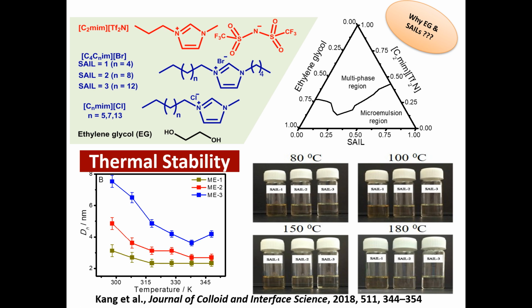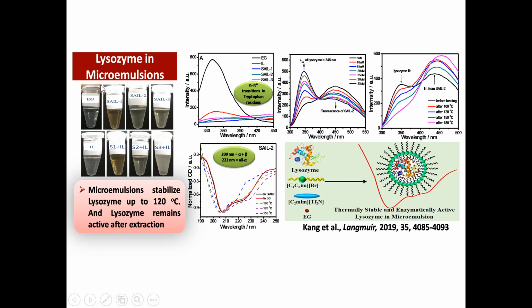Further, we have utilized this microemulsion for the storage of lysozyme. Basically, lysozyme is stabilized up to 75 degrees Celsius in buffer, but here in these thermally stable microemulsions, lysozyme is stabilized up to 120 degrees Celsius, characterized with the help of fluorescence and circular dichroism spectroscopy.